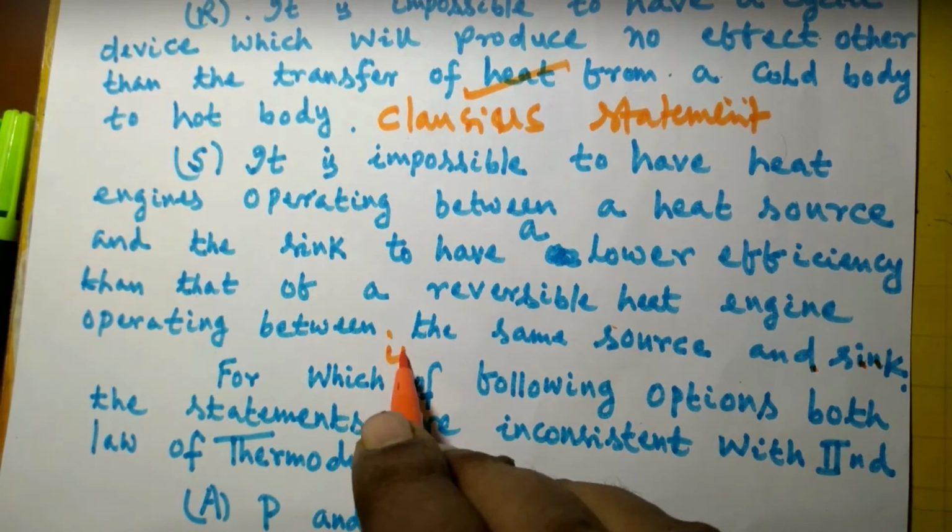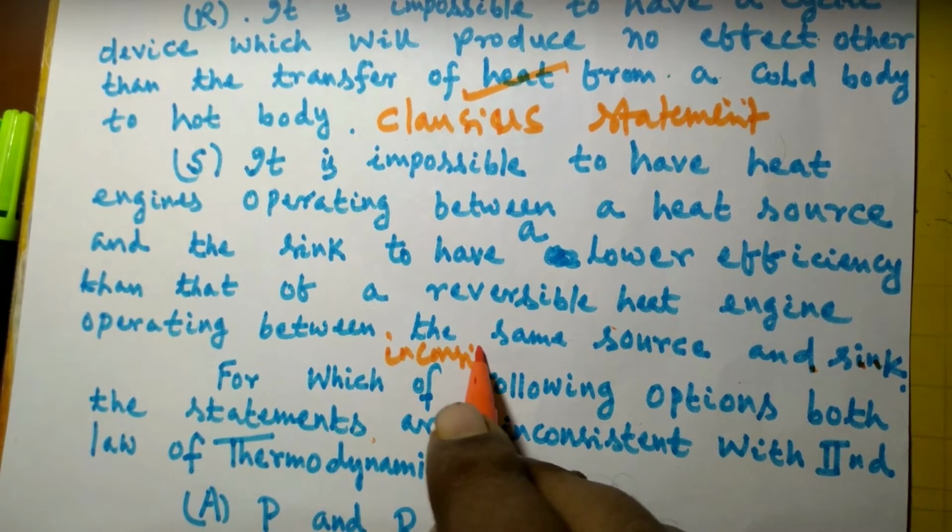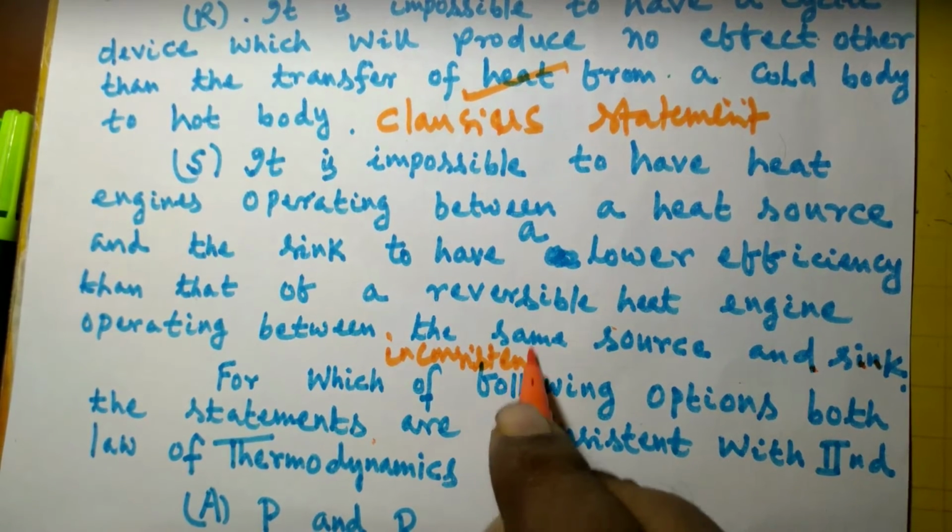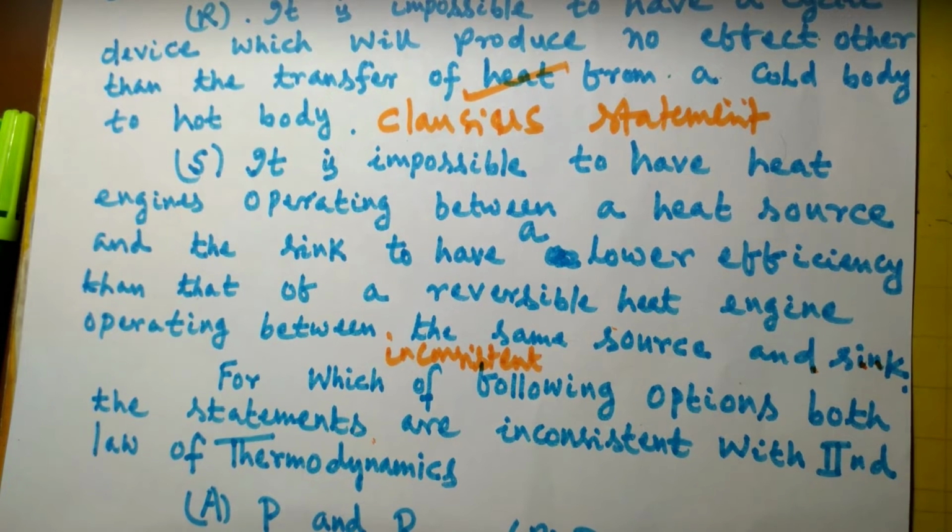This is inconsistent, because according to the Carnot theorem, the efficiency of a reversible heat engine is the maximum efficiency possible between two given temperatures. Except for the reversible heat engine, whatever heat engines there are, their efficiency will be less than that of the reversible heat engine.